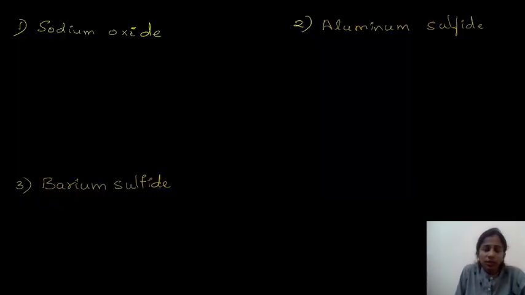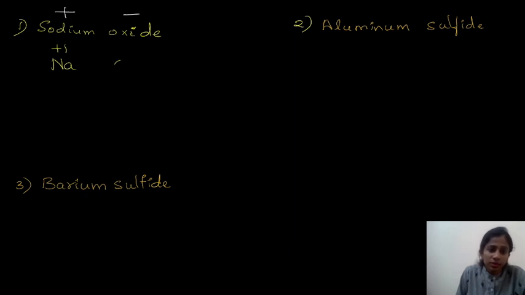Let's look at some examples of how to write the formula for an ionic compound. Always remember that when an ionic compound is given, the first element will be a cation, the second element will be an anion. Based on the position of these elements in the periodic table, you can identify their charges. Sodium is a metal belonging to group 1, so the first step is to write the symbol along with the charge: group 1, so +1.